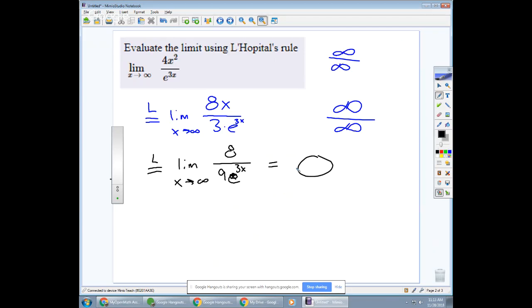So the cool thing about this example is that it shows an exponential function grows faster than a quadratic.